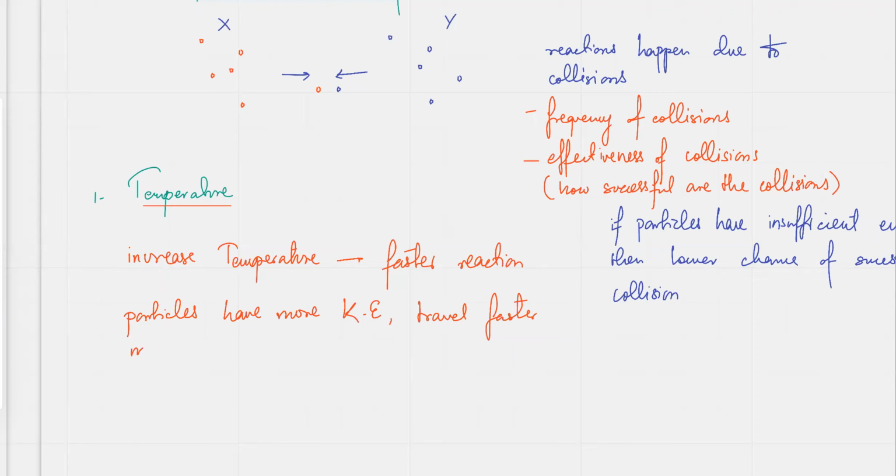So you get more frequent collisions. And you also get more effective collisions because they're traveling faster. So you're going to have more effective collisions as well. They bump into each other with a lot more force.